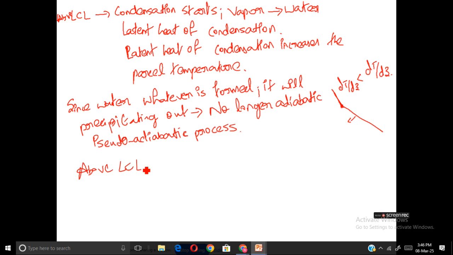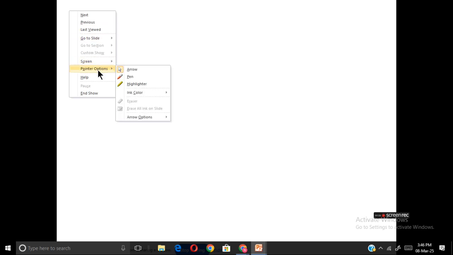Okay, I hope it is clear till now. Now, when we discuss the dry adiabatic lapse rate, it is basically for dry air parcels, which don't have moisture content.